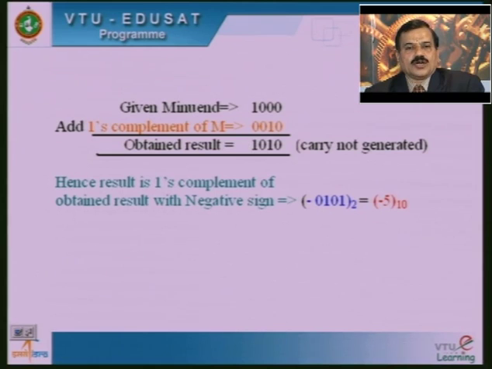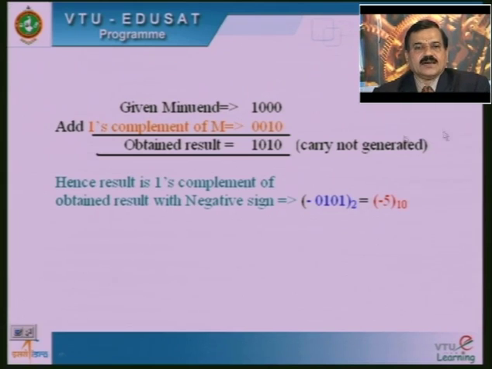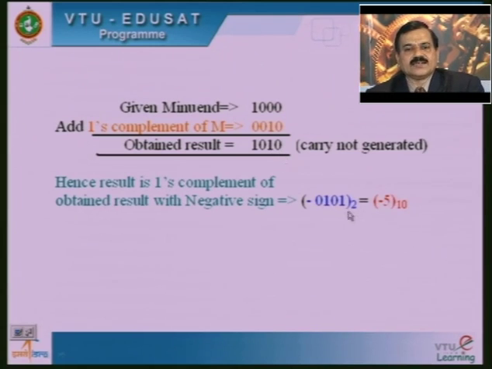When the carry is not generated, we should take the 1's complement of this result with a negative sign. That 1's complement of this result is nothing but, here 1 is there, that 1 is treated as 0, and the second MSB value is 0, it is 1, and this 1 is written as 0, and lastly this 0 is written as 1.